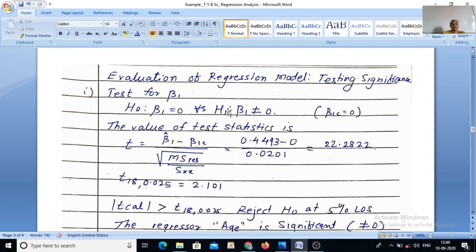Since we have estimated sigma square from my sample quantities, I am going to use the t-test here.